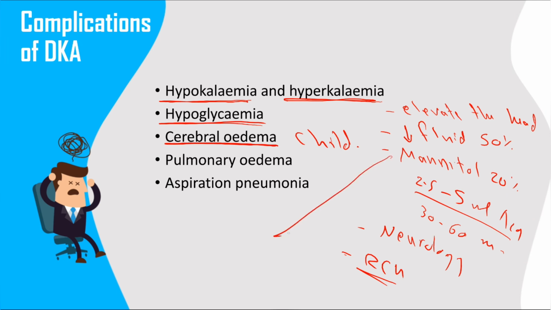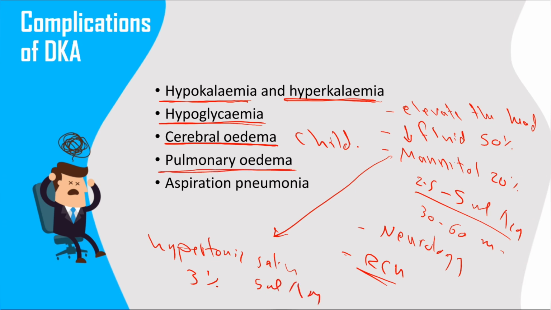If the patient is in shock or mannitol is not available, you can give hypertonic saline. The hypertonic saline that you give is usually 3%. You again give 2.5 to 5 mL per kg to the child.